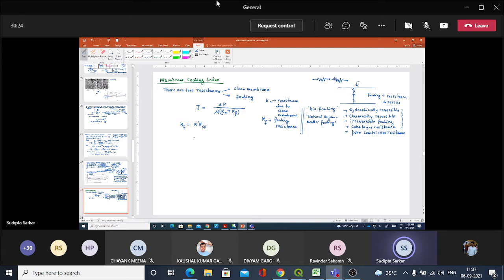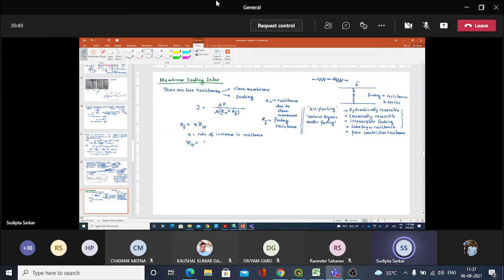Where K is the rate of increase in resistance to pass more and more water.